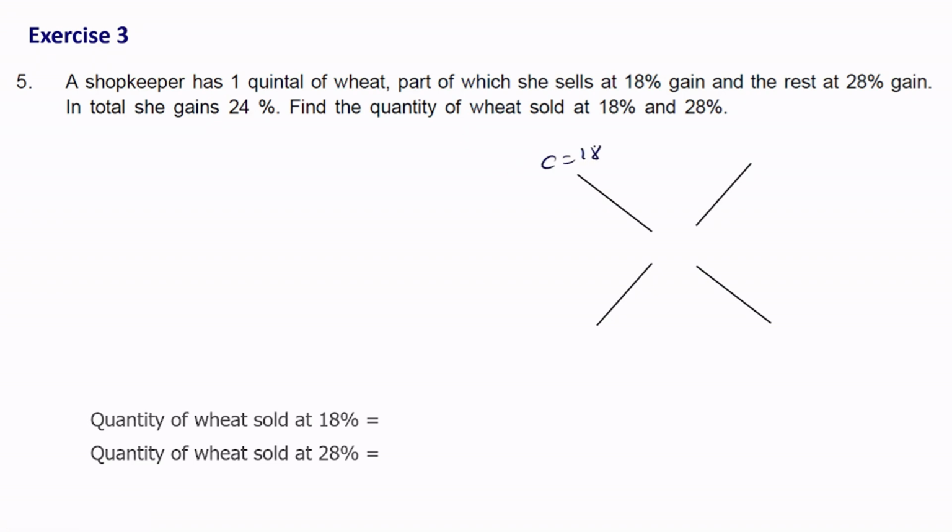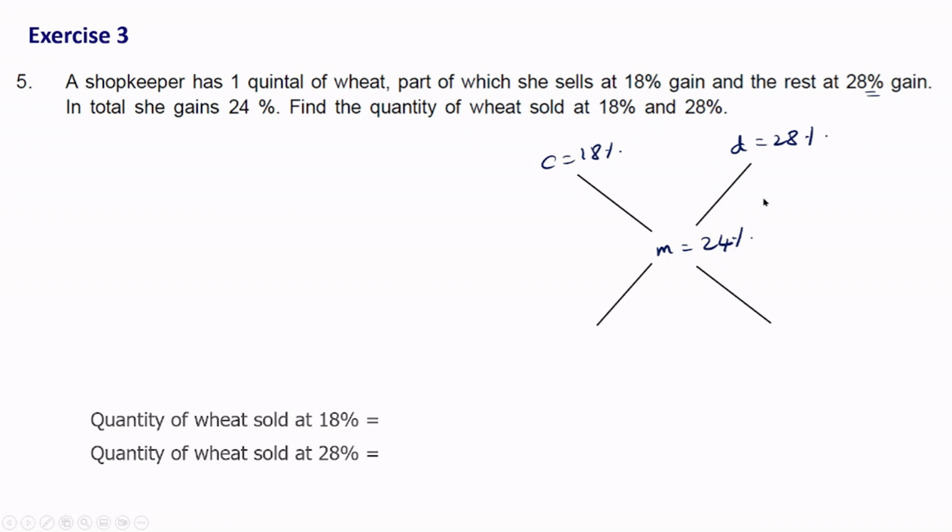So C is 18%. The dearer quantity is sold at 28% gain. In total, the gain is 24%. We need to find the quantity of wheat that is sold at 18% and 28%.